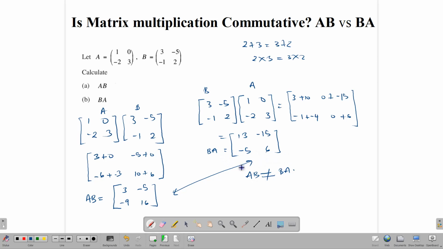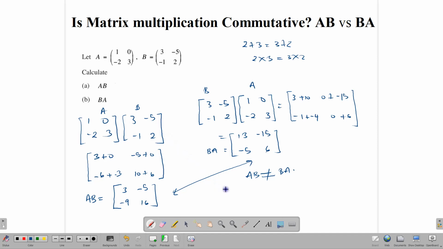In most cases, this will not happen. So in mathematics, if you have something that works sometimes and doesn't work at other times, we clearly state that it is not a rule. So can matrix multiplication be commutative? Yes, in some cases. Is matrix multiplication commutative in general? No.